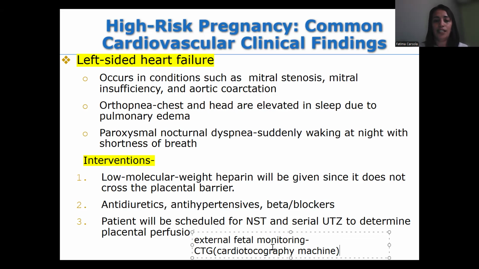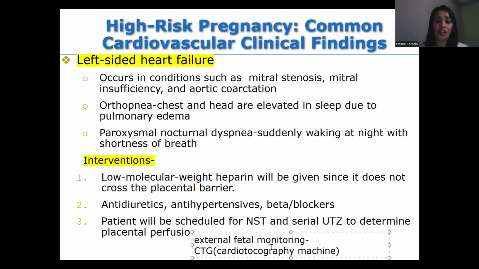So NST is actually done to know if the baby is doing well. So we are noting for the FHT versus contraction. Meaning in NST, if the baby moves, there should be an increase in the fetal heart rate of 15 beats for 15 seconds twice in 20 minutes. And we call it a reactive NST.